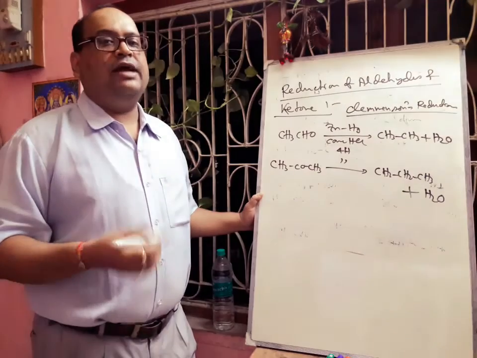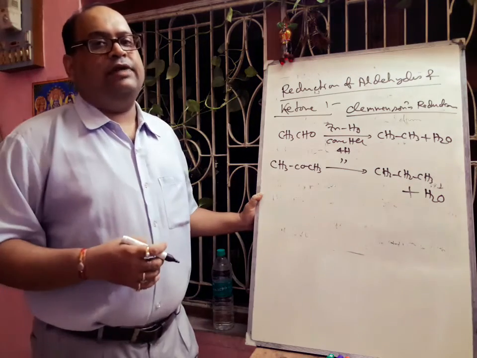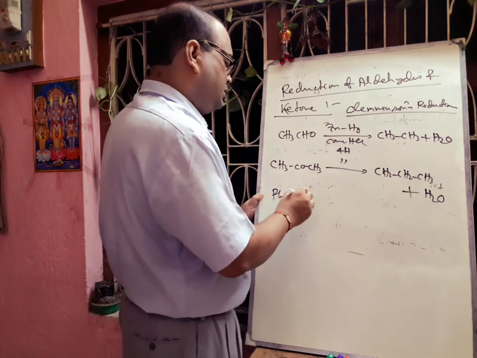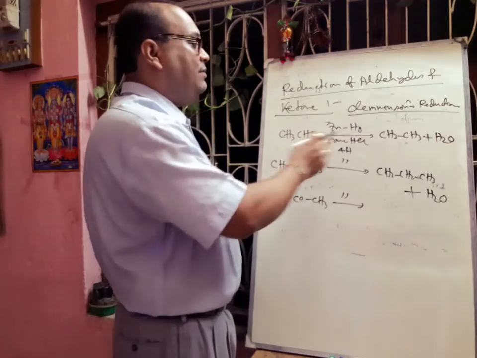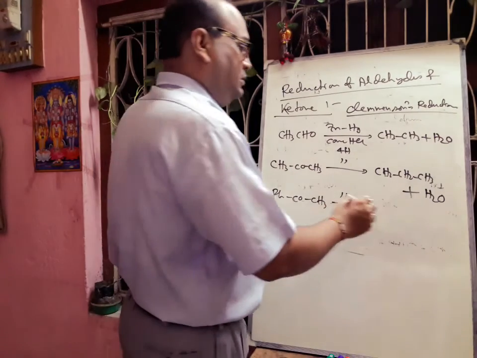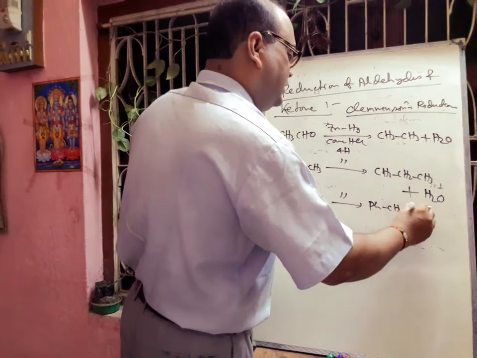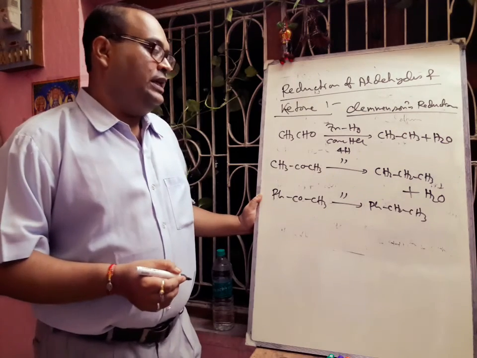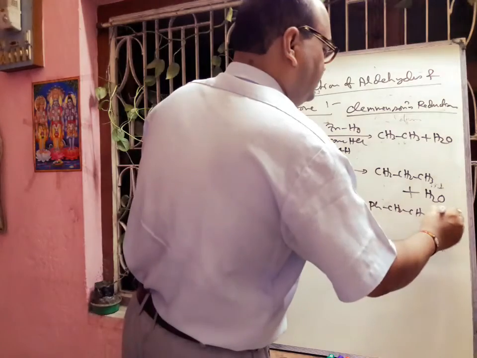Next, if we take an aromatic compound like acetophenone, PhCOCH3, and add the same reagent, zinc amalgam and concentrated HCl, there will be formation of PhCH2CH3, that is ethyl benzene, plus water.